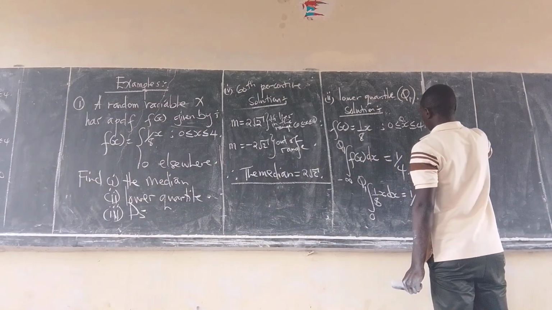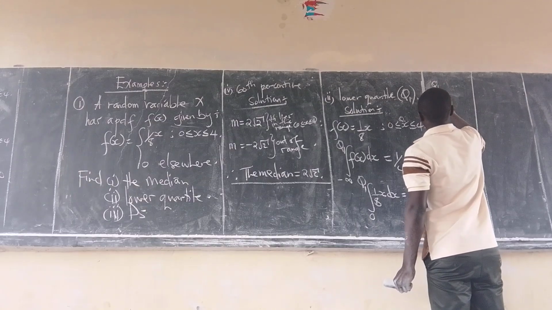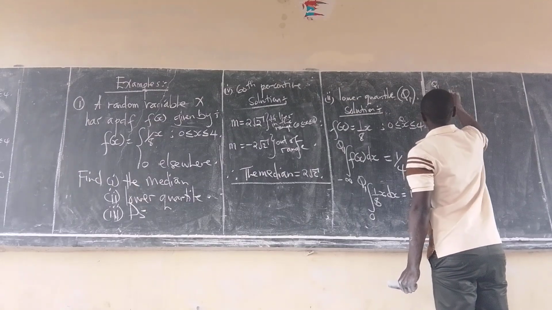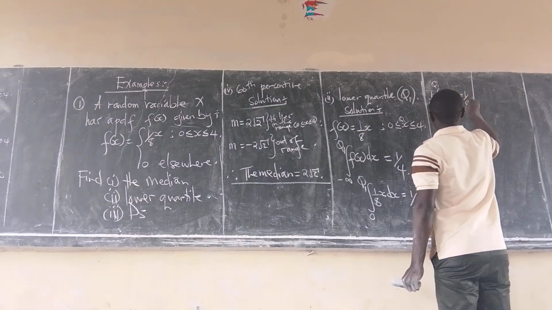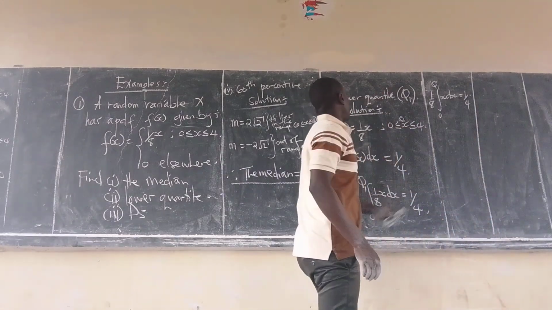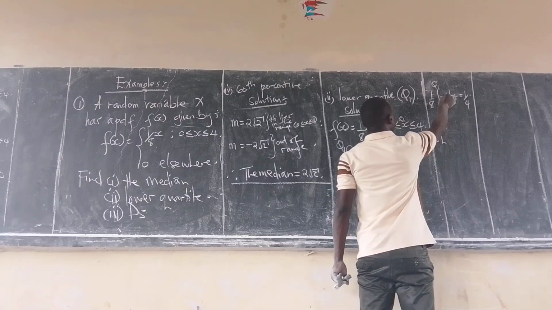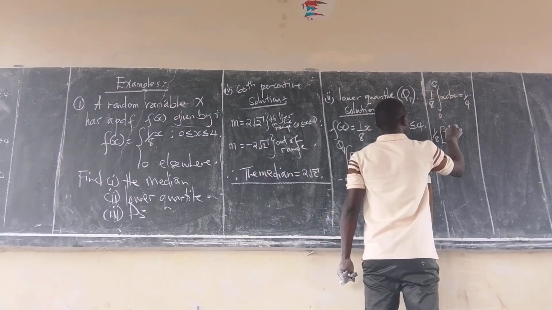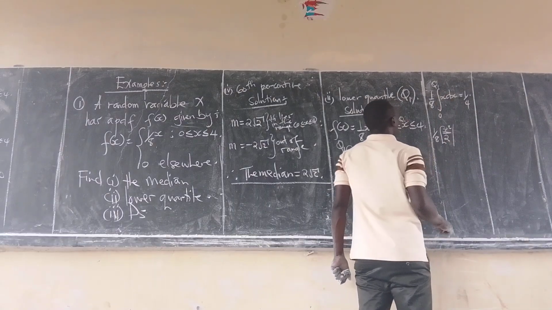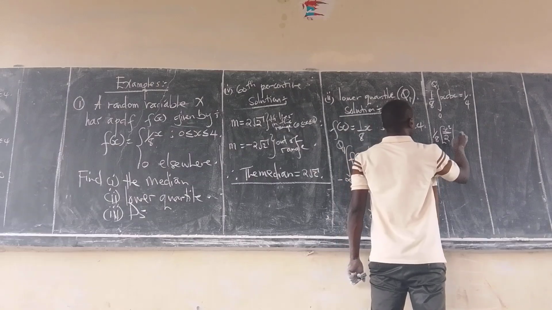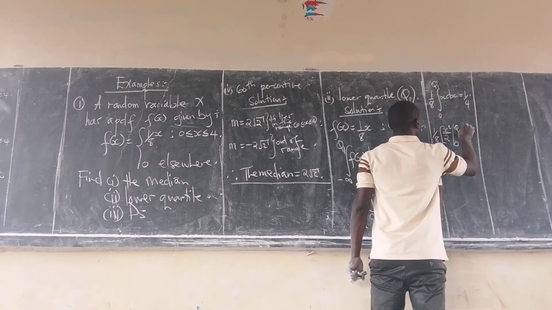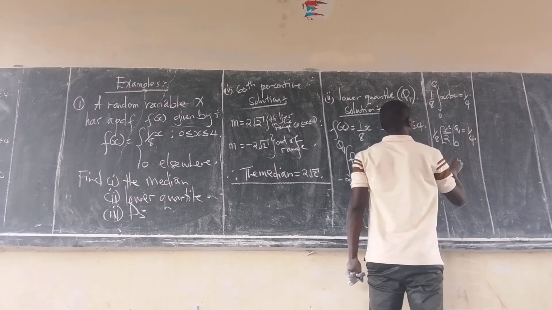It is the integral from 0 up to Q1 of x dx. The answer should be a quarter. So we shall have 1 over 8. What do you get when you integrate x? That is x squared over 2. But we are integrating from 0 to Q1, and the answer should be a quarter.